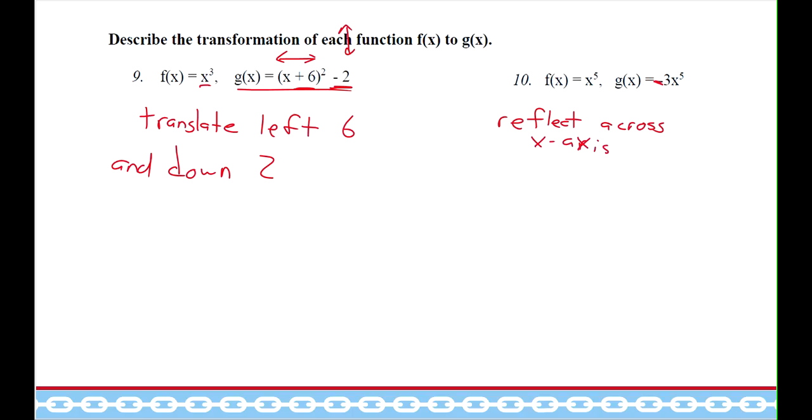And the 3 is going to be a vertical stretch by a factor of 3. So vertical is on the outside. We have the negative 3. The negative does the reflection or flip across the x-axis, and the 3 does a stretch.